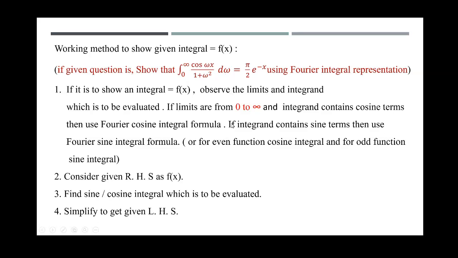That means here we are going in reverse. We are considering RHS as f of x and using the relevant integral formula. Then we get the LHS. Here we are not evaluating the integral directly; by taking the RHS, we are proving this LHS. After taking the RHS and observing these terms, we take the integral formula, and by using that formula we get this LHS.